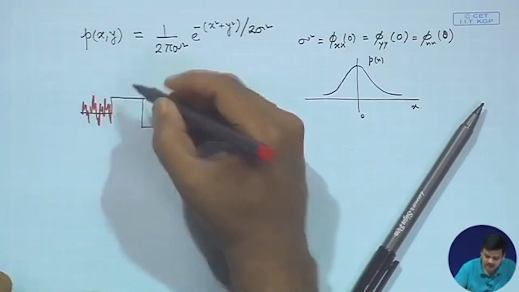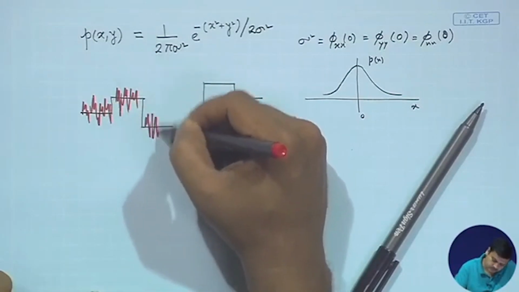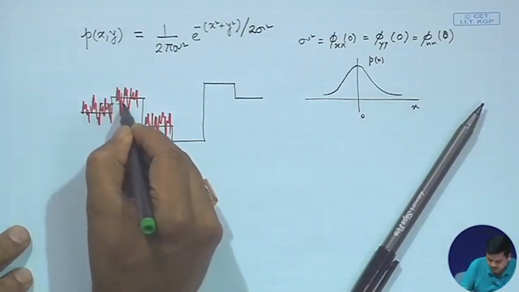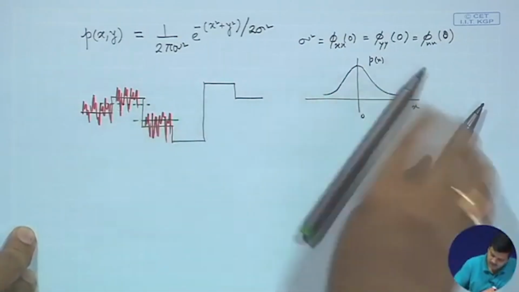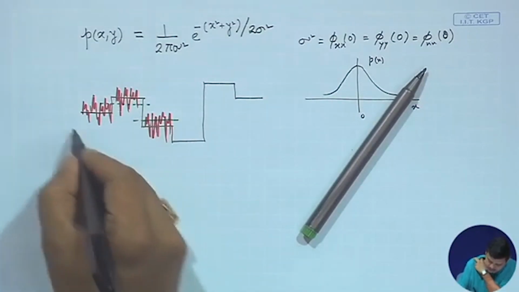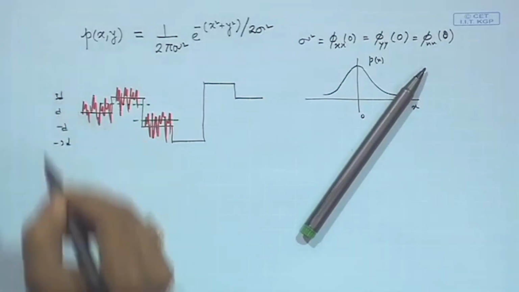Noise gets added, and then what happens if we set a decision level which is halfway? I should mark these levels as minus 3D, minus D, D and 3D.